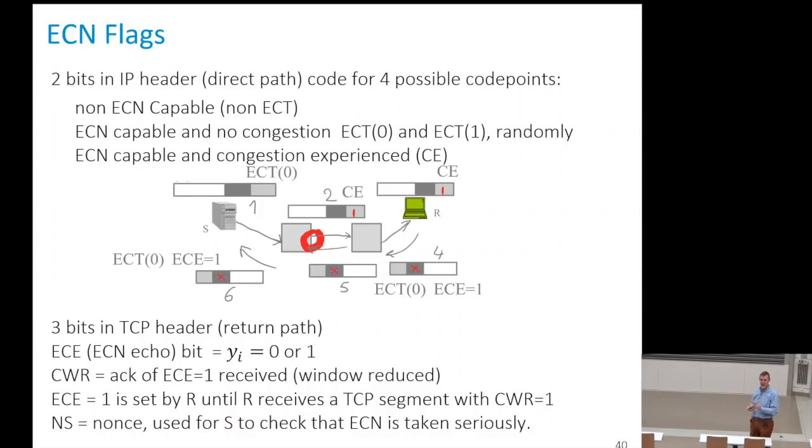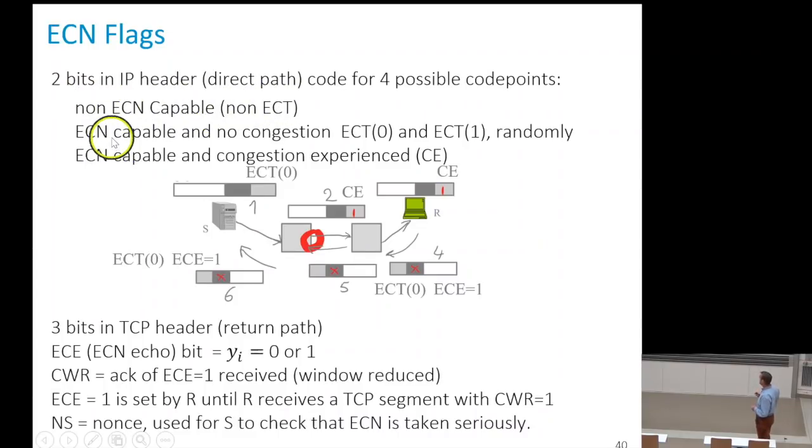That could be a simple way. This is not how things are. It's a bit more complicated. There are 2 bits, which means there are 4 possible values of the combination. Either this TCP connection, or the source, is non-ECN capable, or it is.